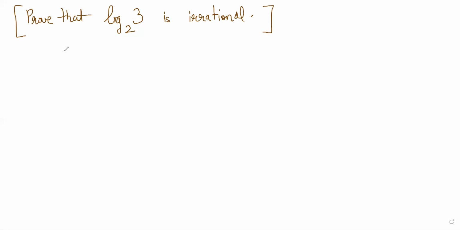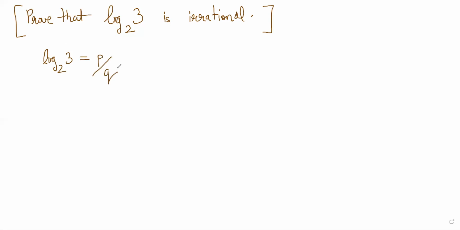So assume that log 2 3 is equal to P by Q, right?